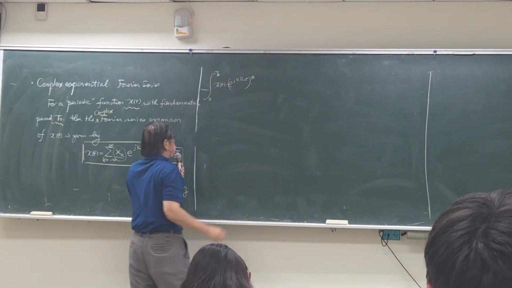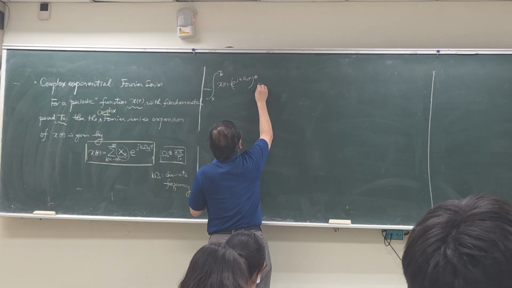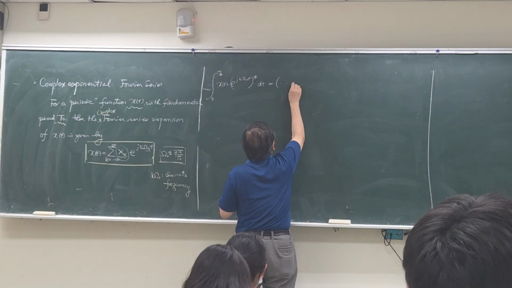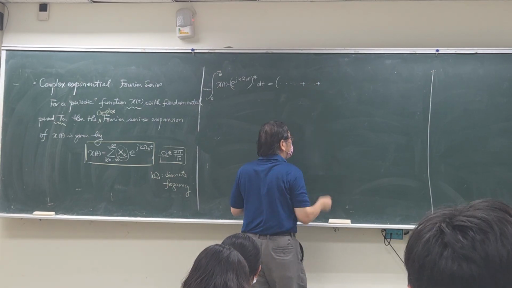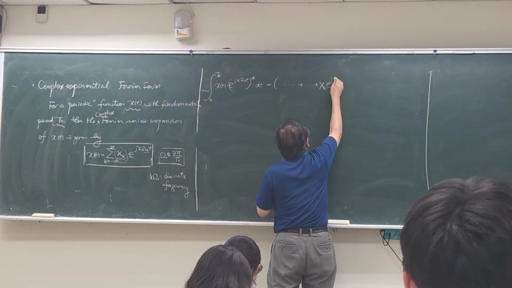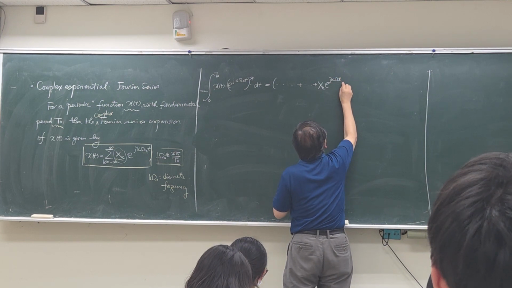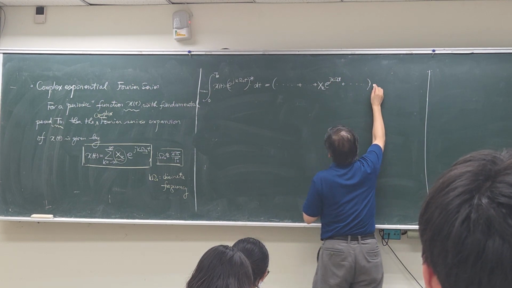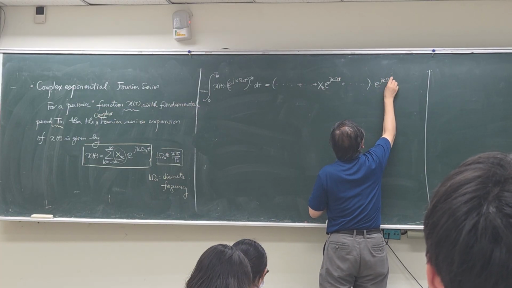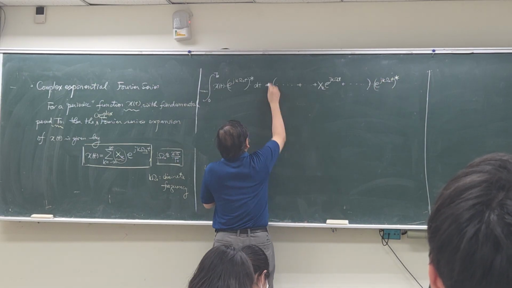For simplicity, we go from 0 to t sub 0 in one period. e to the k omega sub 0. Stop. Yeah.